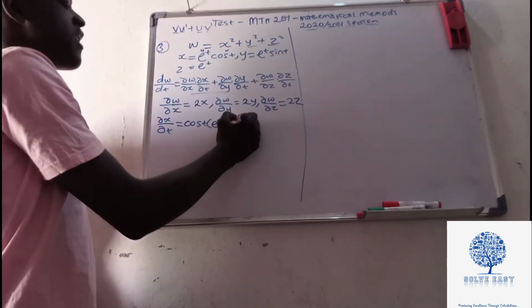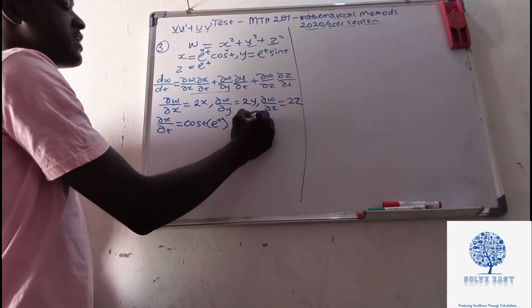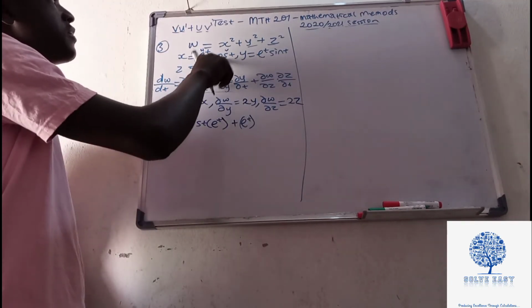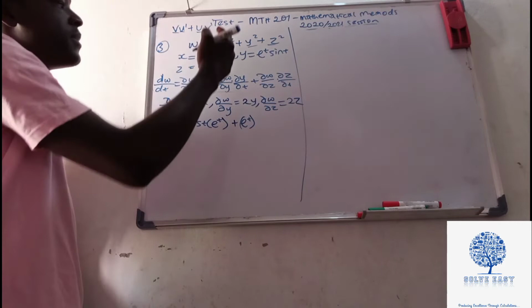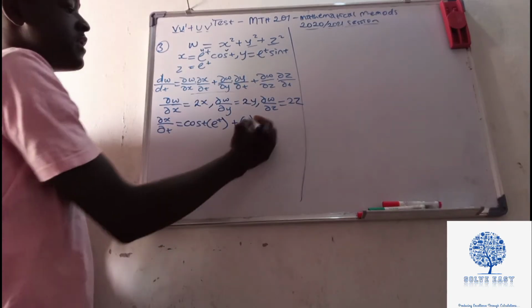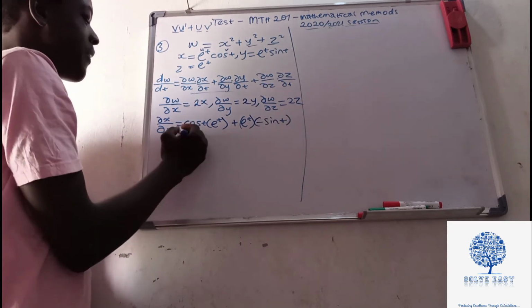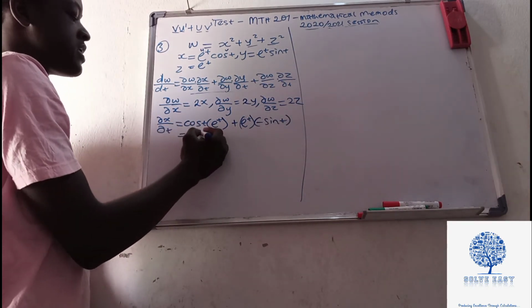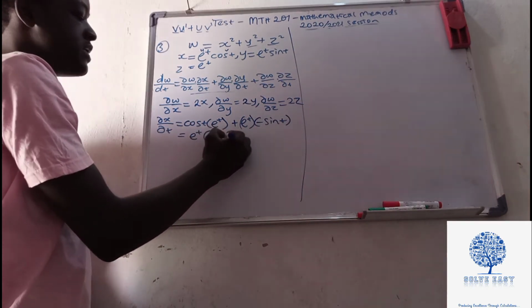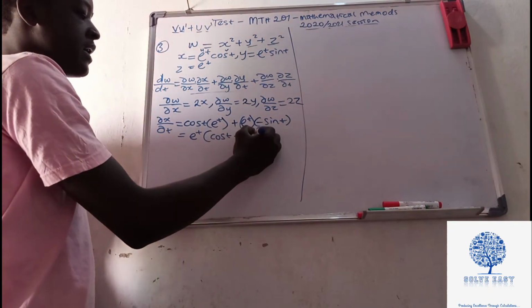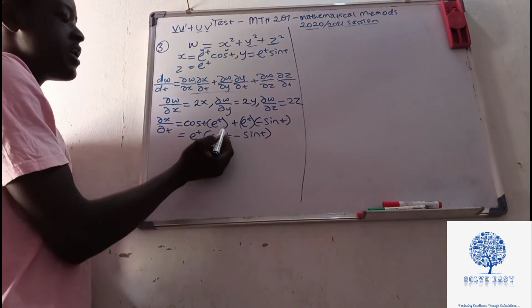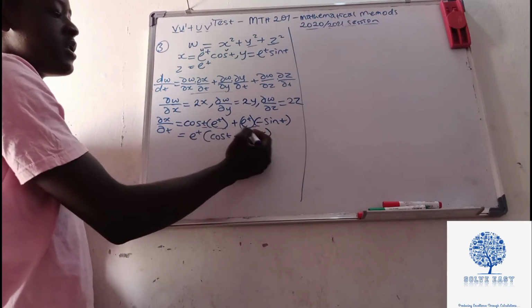Plus, our u is e^t, and differentiating v with respect to t gives us minus sin t. So our answer for dx/dt is e^t (cos t minus sin t), because we take out e^t from both terms.